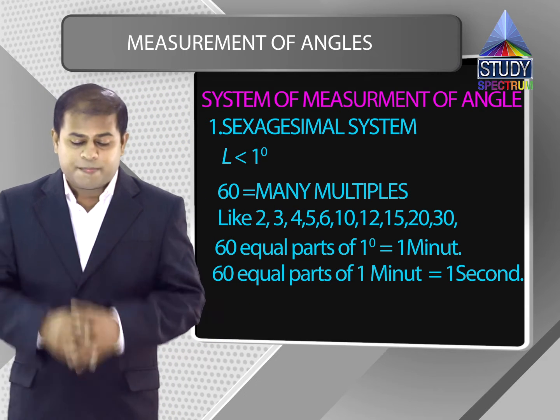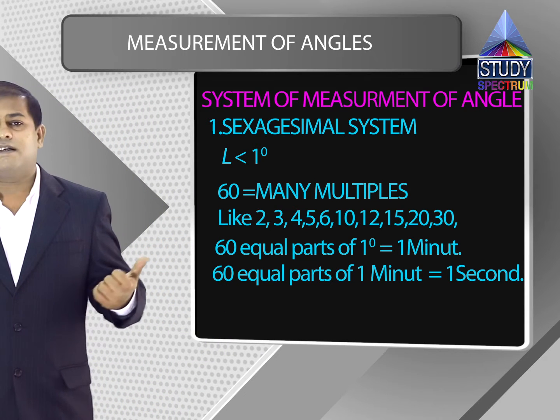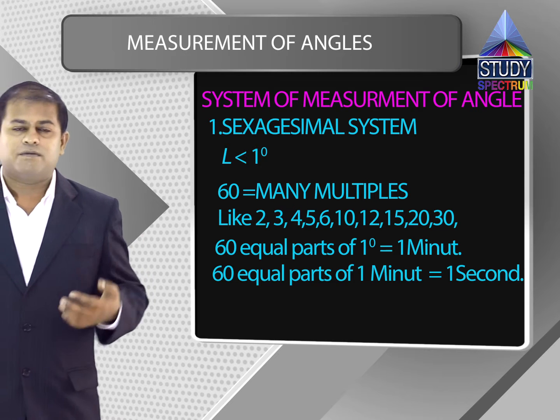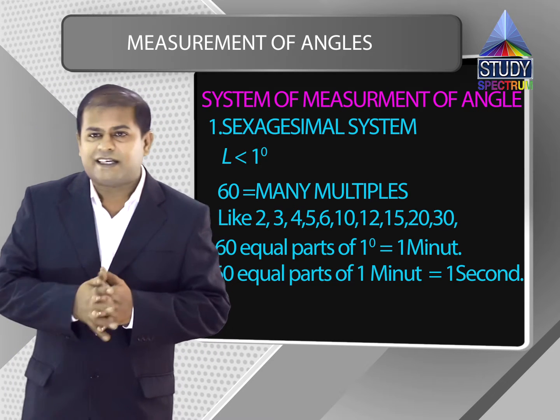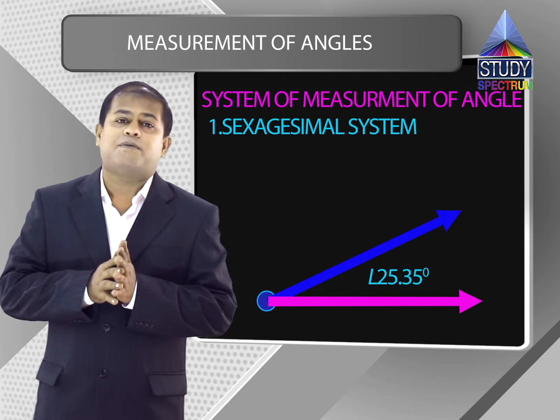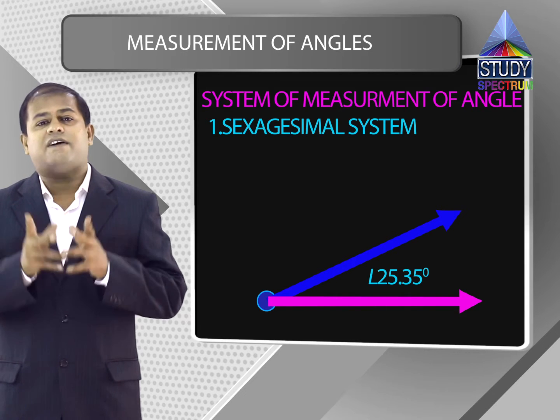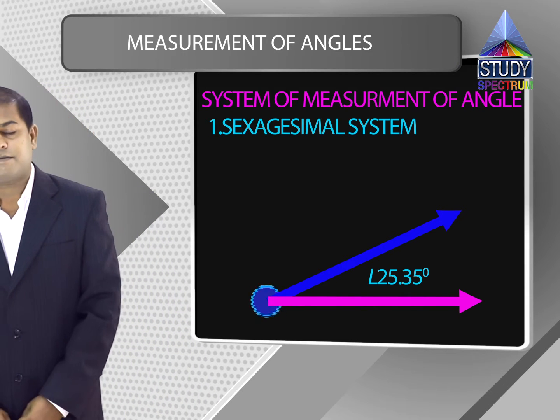Right? Okay. Let's see an example to understand how degrees were divided into minutes, or minutes converted to seconds. Suppose we have an angle of measure 25.35 degrees.